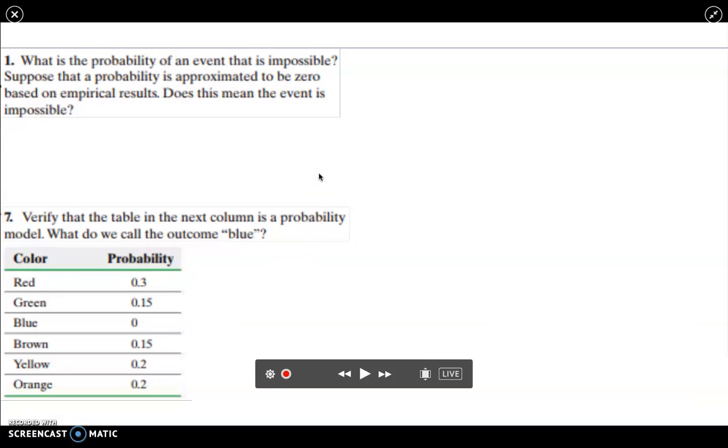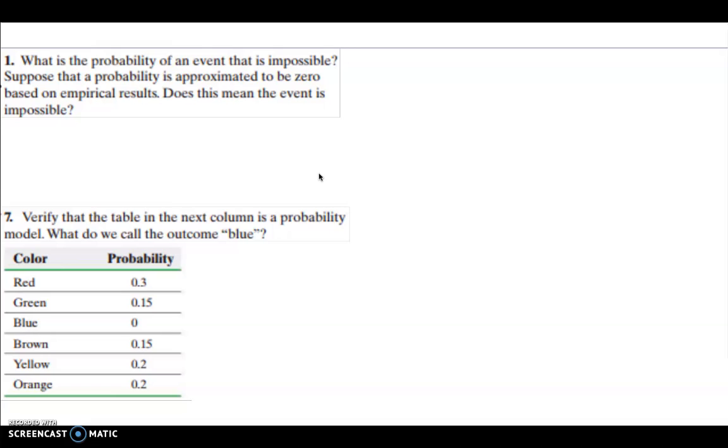Okay. So what is the probability of an event that is impossible? I mentioned that earlier. The probability that an event is impossible is 0. It means it will never occur. So, let's suppose that a probability is approximated to be 0 based off of empirical results.